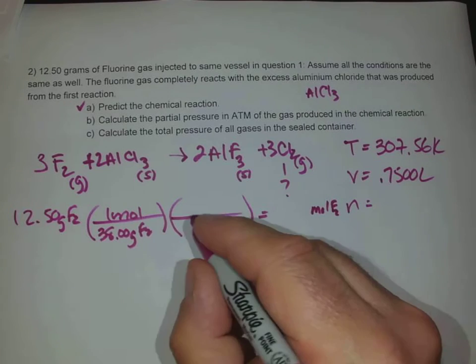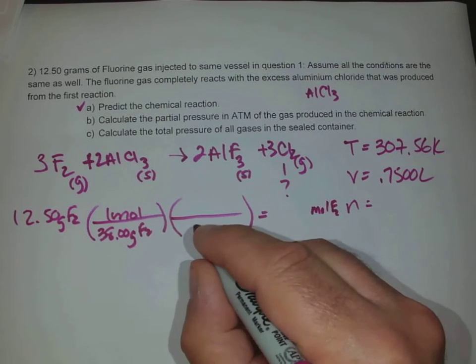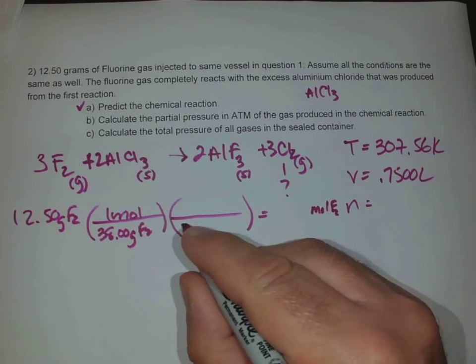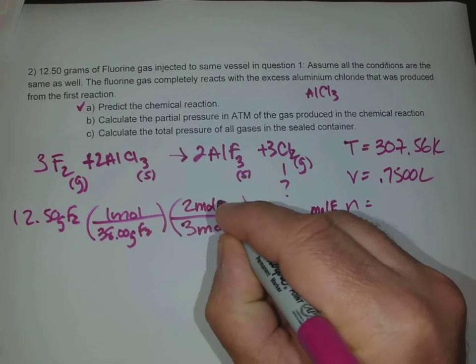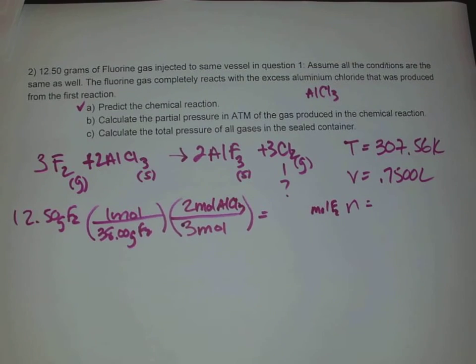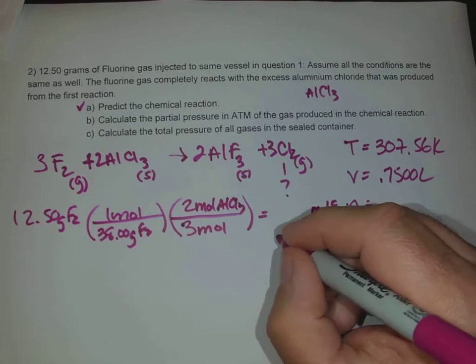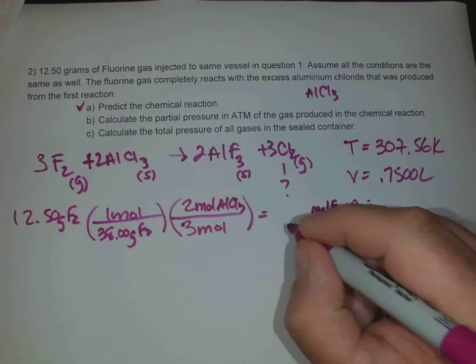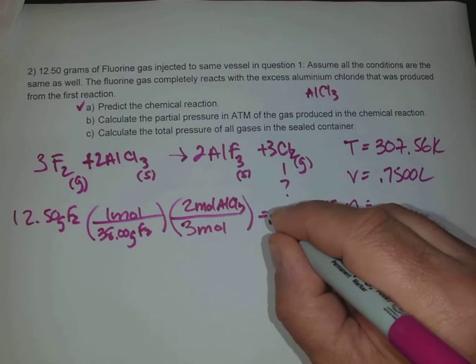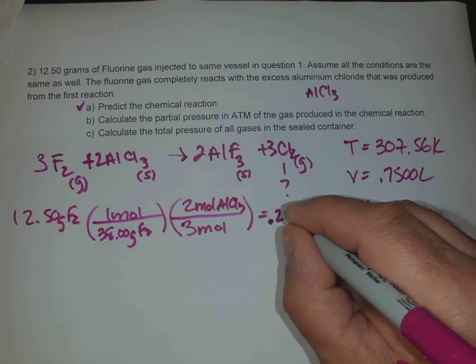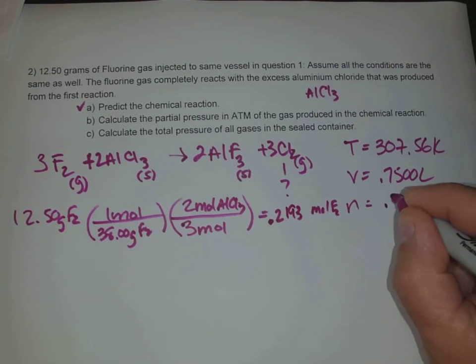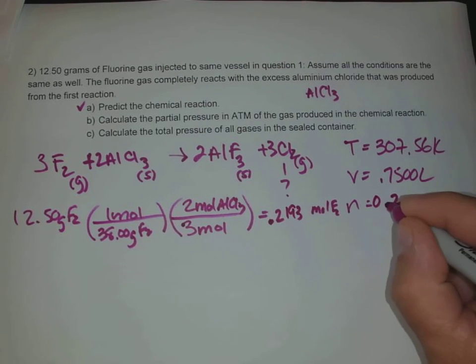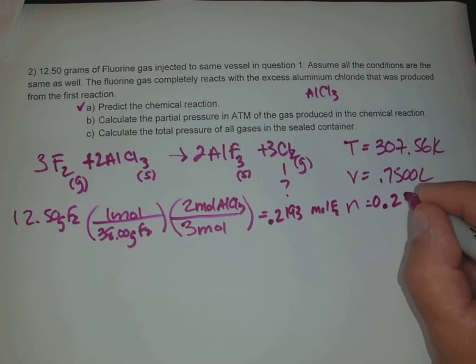So the mole ratio between aluminum chloride and fluorine is for every 3 moles that react, you need 2 moles of aluminum chloride. Doing the math to 4 significant figures would give you 0.2193 moles of F2. If you want to put the 0 there, no big deal, it's not important because it's not significant.